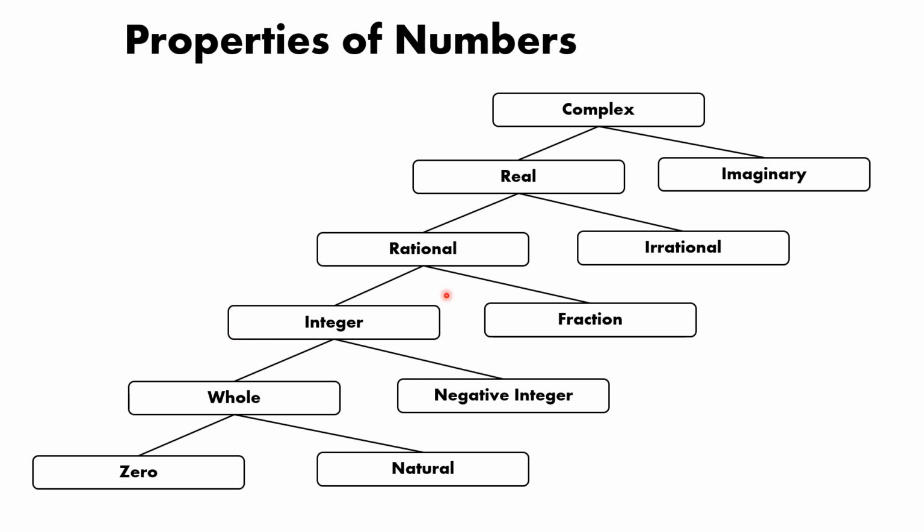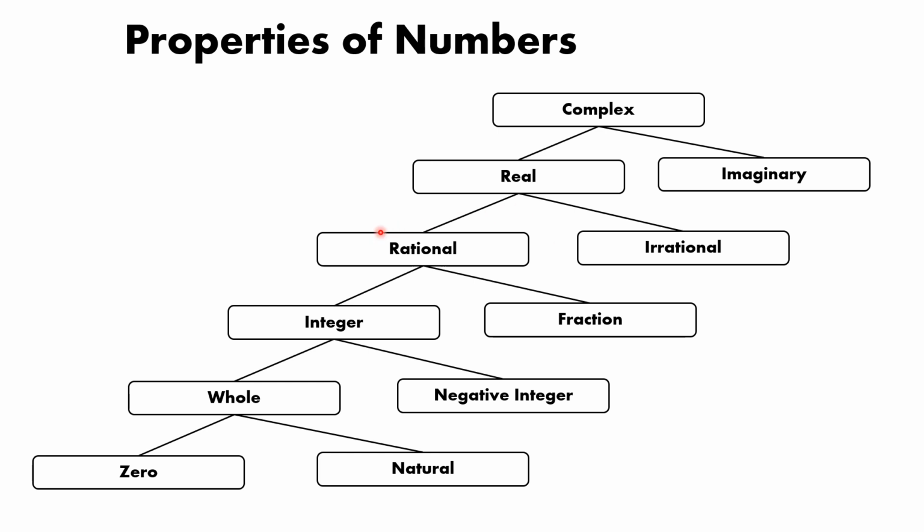And these integers with fractions, which are basically the result of a division between two whole numbers, give us all rational numbers, which are all numbers that can be written in a fractional form.